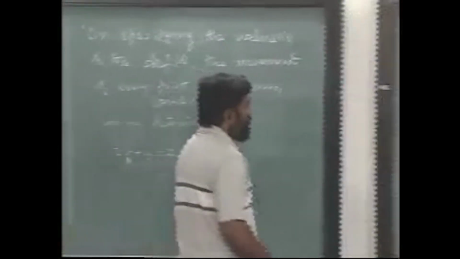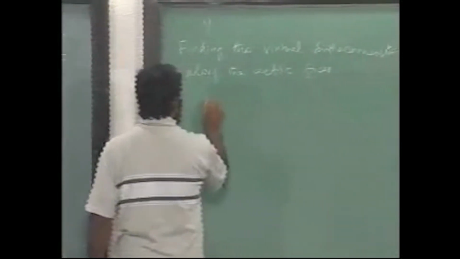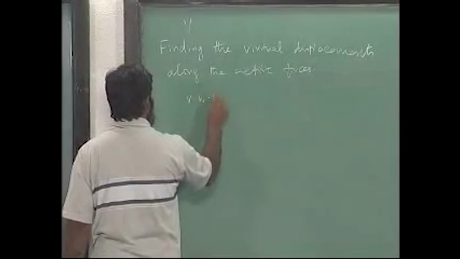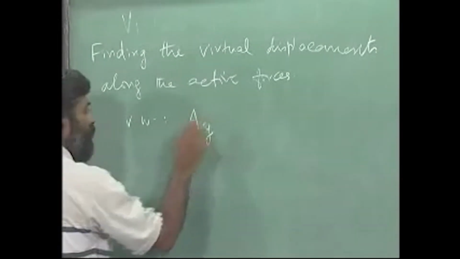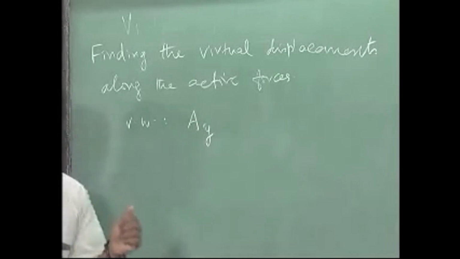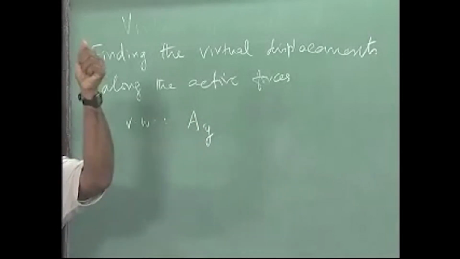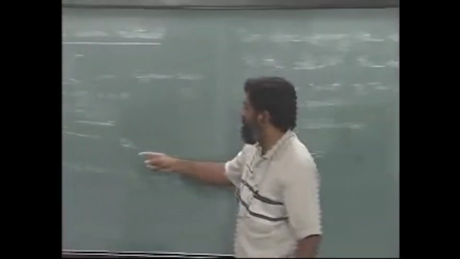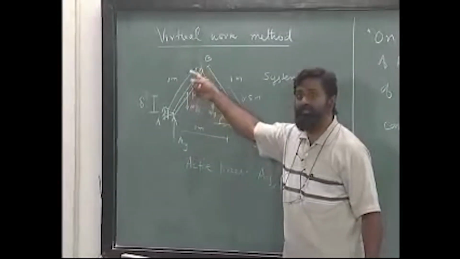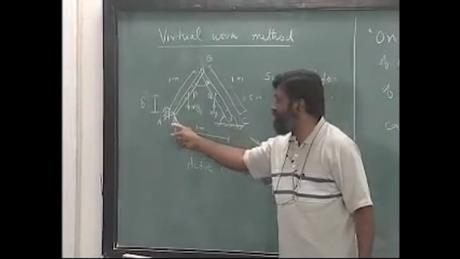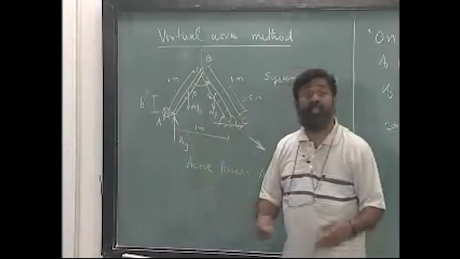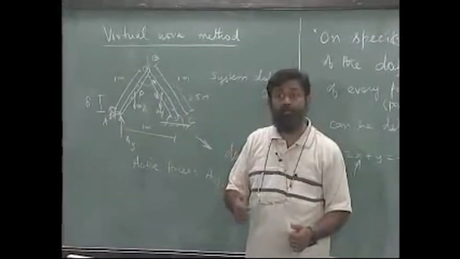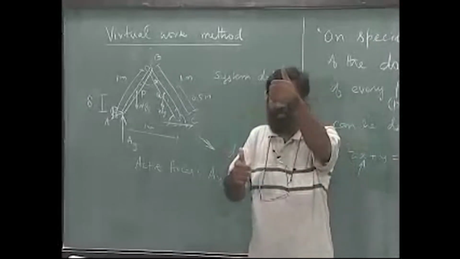So, if I have to write the virtual work equation, it will be Ay times the movement in the same direction as this force, which will give me a positive virtual work. So, I need to be bothered about the directions of both the force and the displacement.